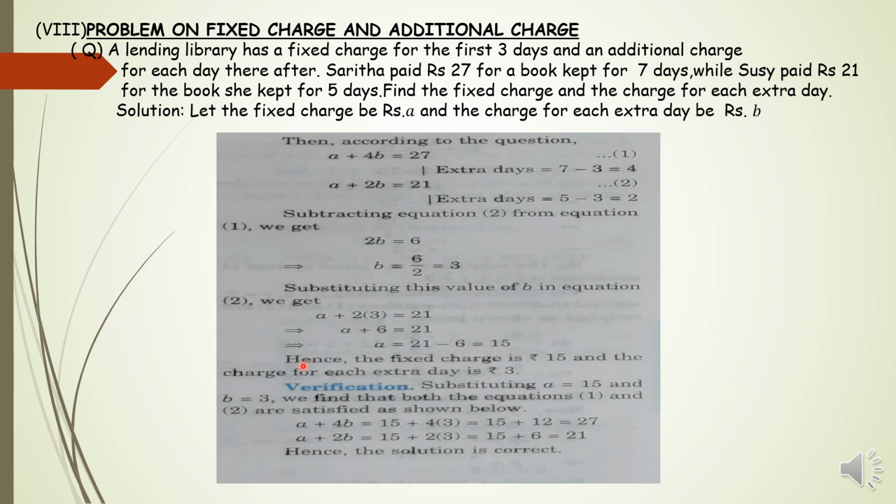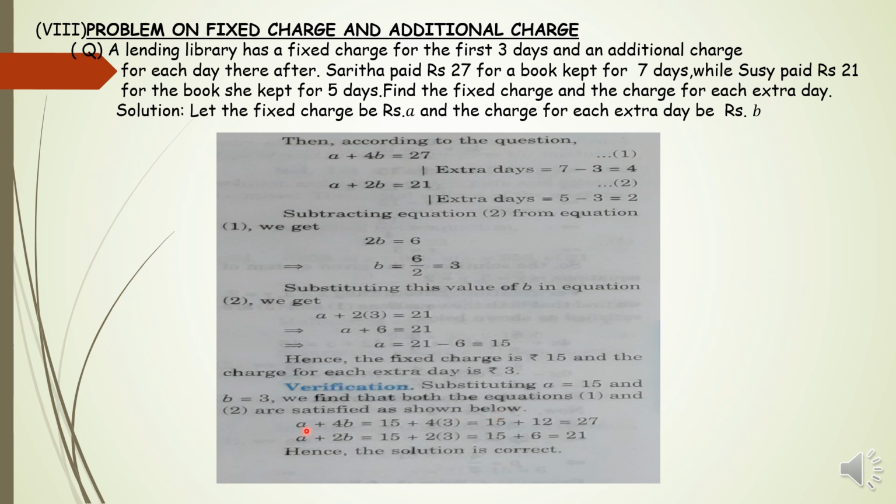What we can infer from this? The fixed charge for 3 days is rupees 15 and the additional charge for each extra day is rupees 3. You can verify the answer by substituting A is equal to 15 and B is equal to 3. We find that both equations 1 and 2 are satisfied as shown below.